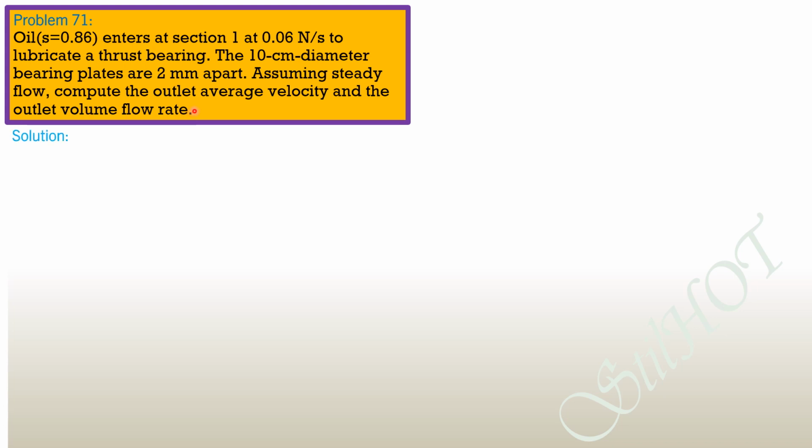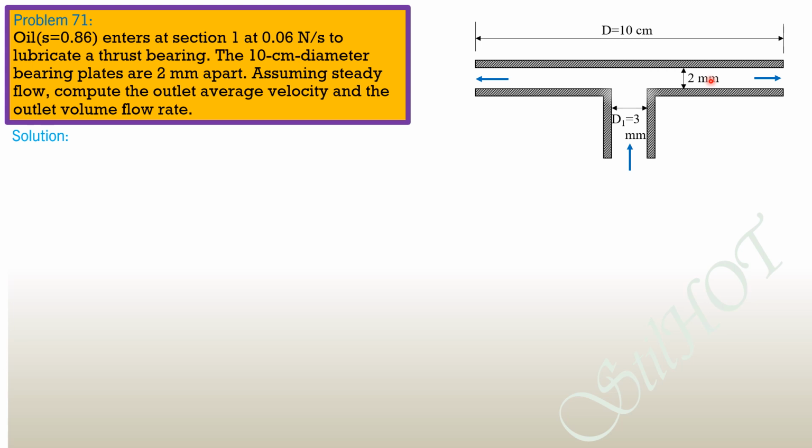Since the substance that enters is oil, we consider liquids as incompressible, therefore the volume flow rate Q in, the volume flow rate that enters, equals the volume flow rate that goes out of the system. So Q in equals Q out.